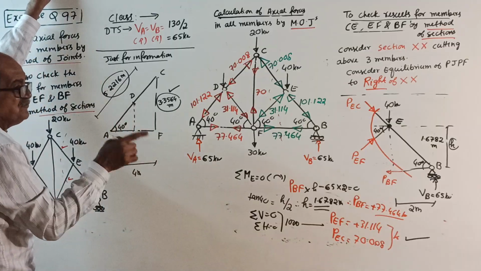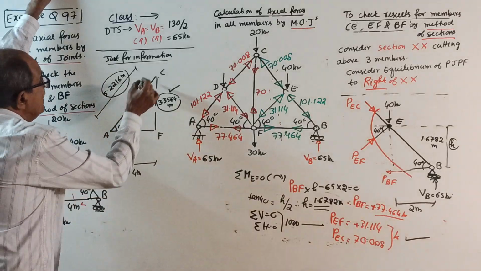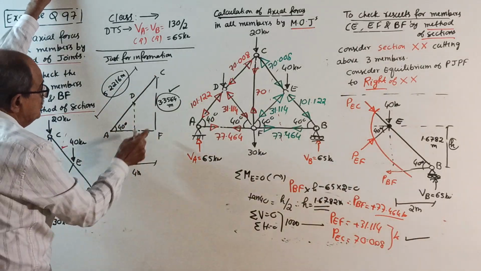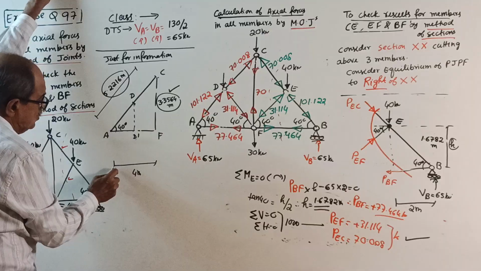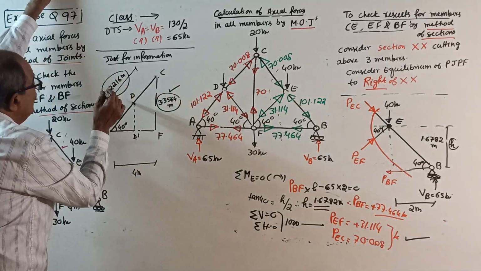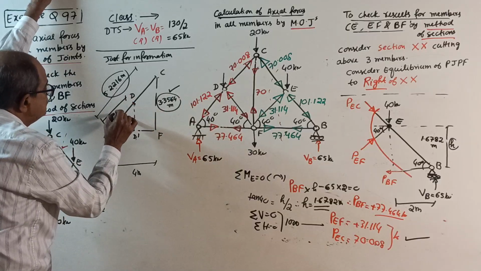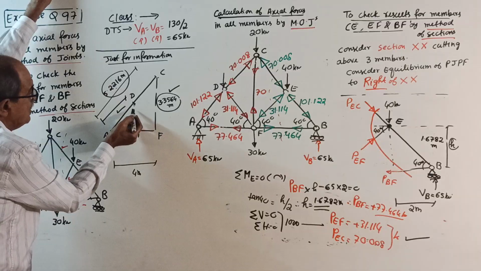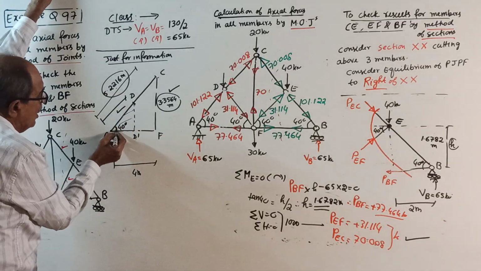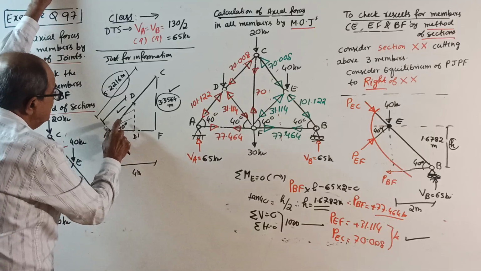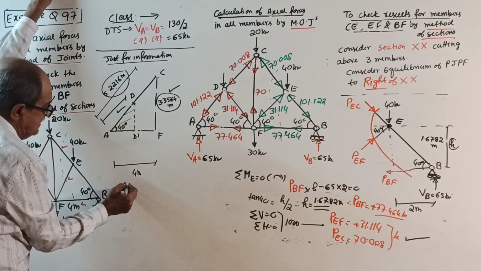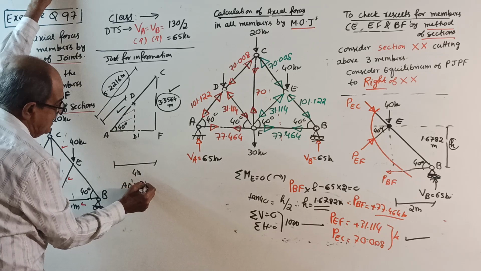Or in case you have difficulty, get the length of AC. Cos 40 equals 4 divided by this AC, 5.2216. Divide by 2, get this value. Then consider this triangle. Cos 40 equals AD dash by this side. 100% AD dash will come 2 meter.